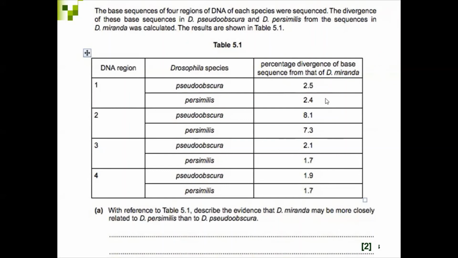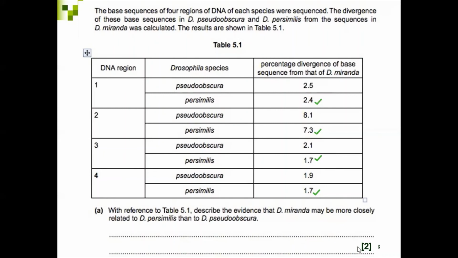For D. mirinda, this value is lower for DNA 1, DNA 2, DNA 3, DNA 4. They're all lower, right? So from the table, you can find that the percentage divergence of base sequence of persimilis is lower than pseudoobscura towards D. mirinda, correct? So this will be the answer.